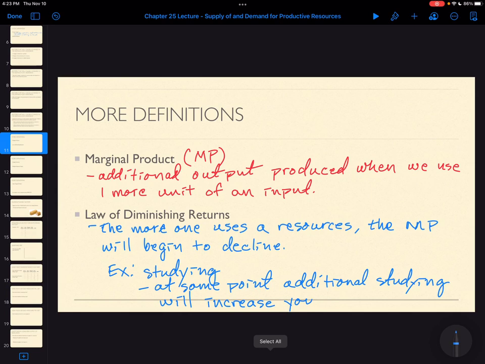At some point, it's best just to go to bed and get some rest. That's the idea of diminishing returns: the more you use of a resource, the more you do of something, the increase in the overall output is going to start to decline.